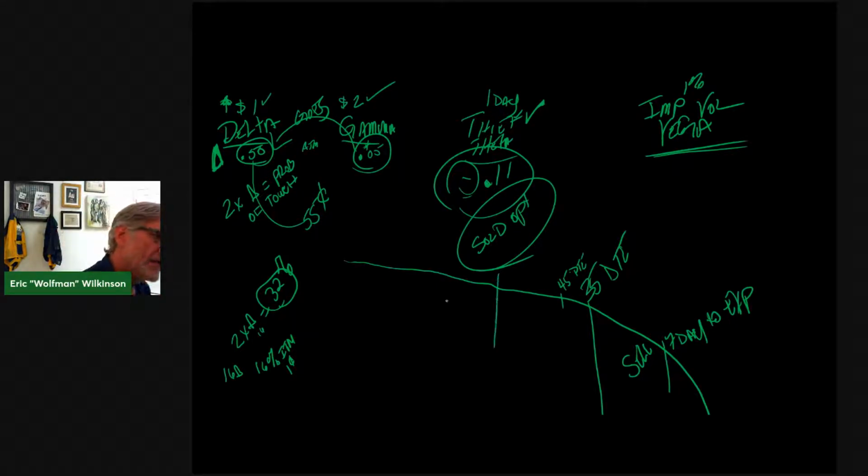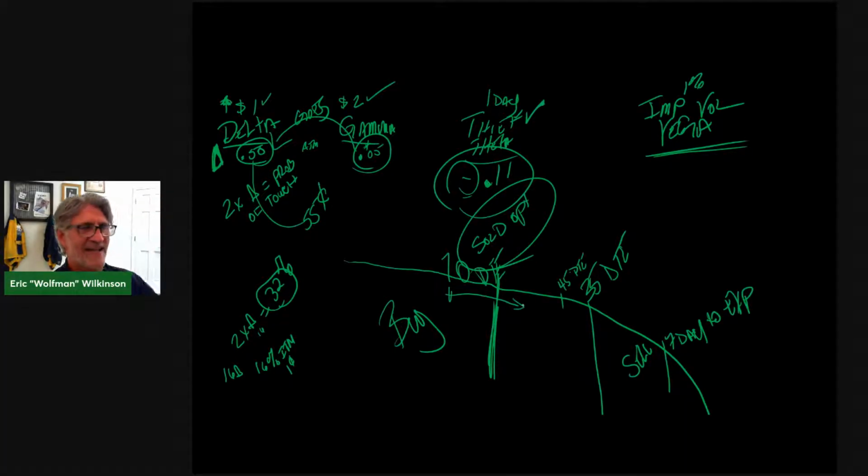But the buy zone, I like to say, is outside of 70 days to expiration. That's where I look to be buying. Because if I buy outside of there, it will allow me to get inside of that, but not too close to that real ramp or that slope that really starts.